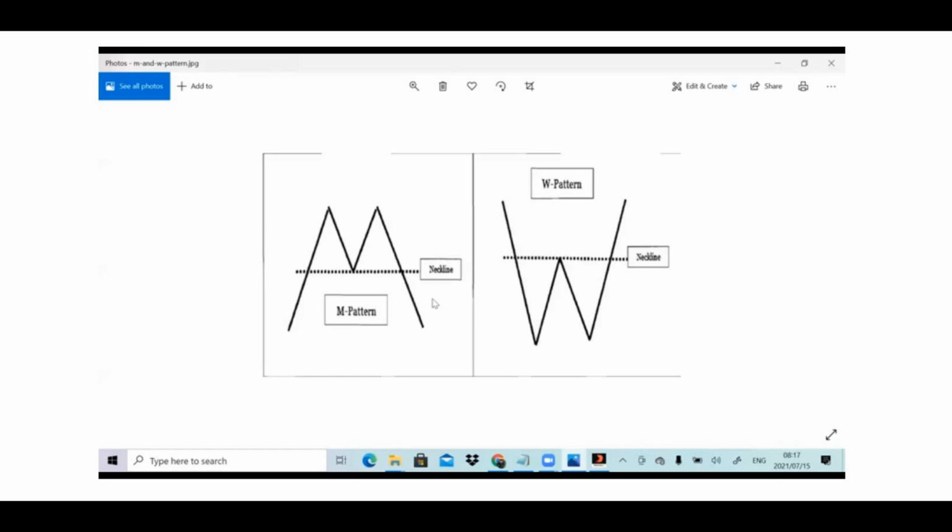Now, there is a difference between a double top, a double bottom, and an M pattern and a W. They look the same, but the approach in terms of trading it is not the same. That's why now we get introduced to necklines. Neckline.